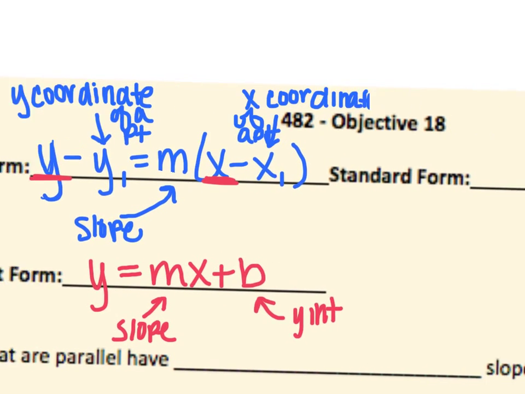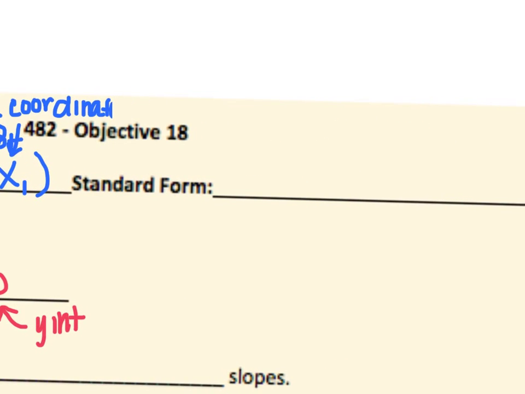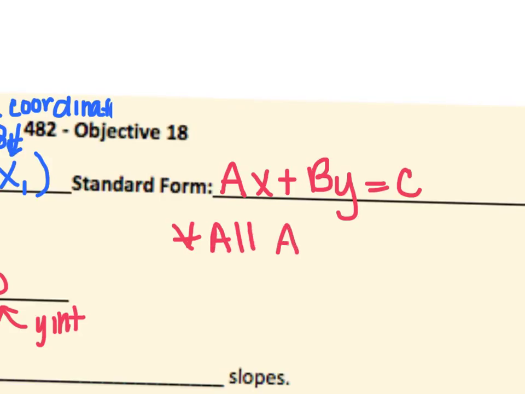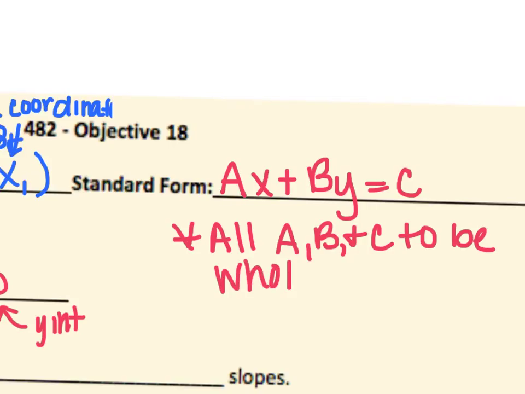The last form that we're going to talk about is standard form. This may or may not be something that you've seen before. Standard form is ax plus by equals c. So a couple rules with standard form is that we need all a, b, and c to be whole numbers.